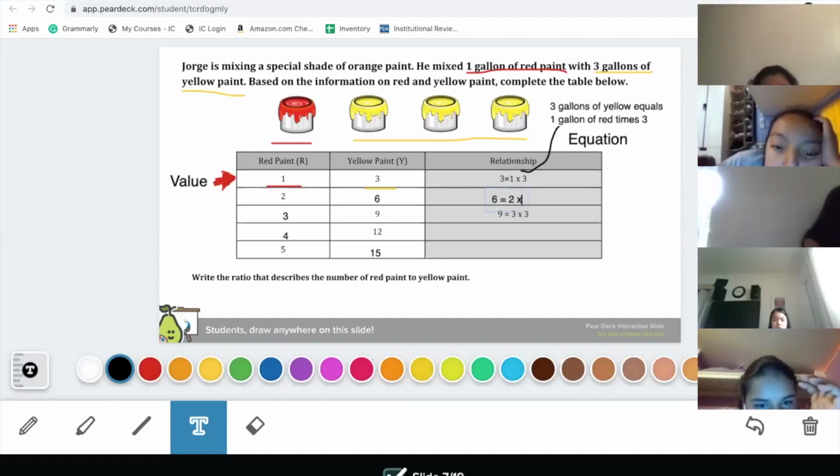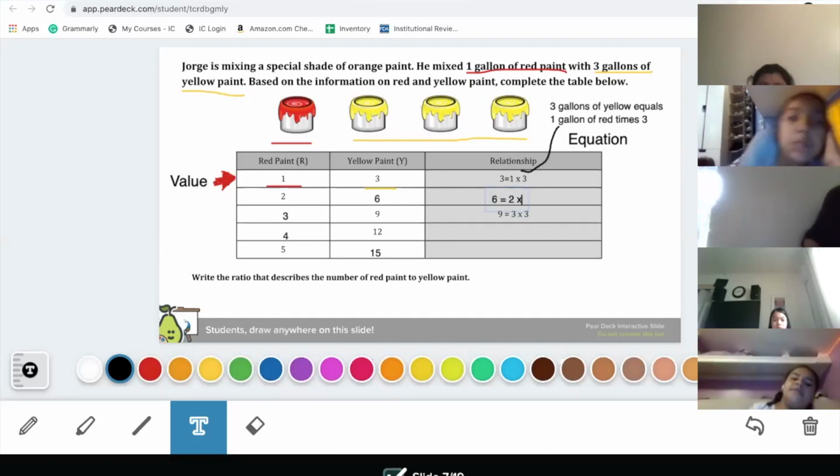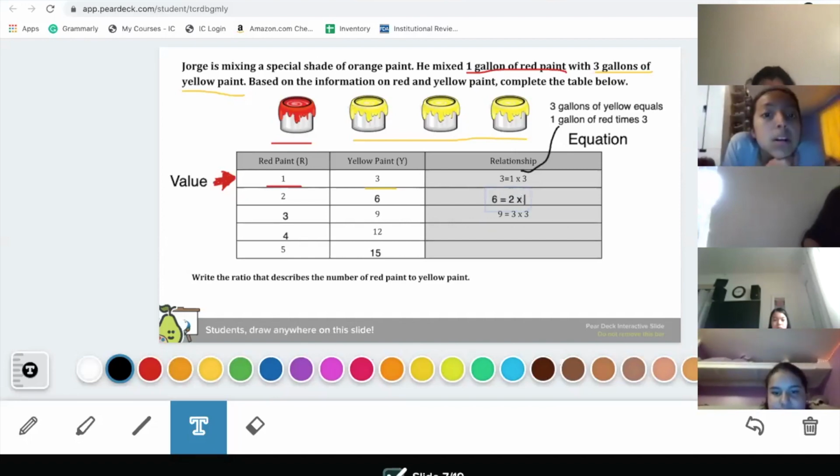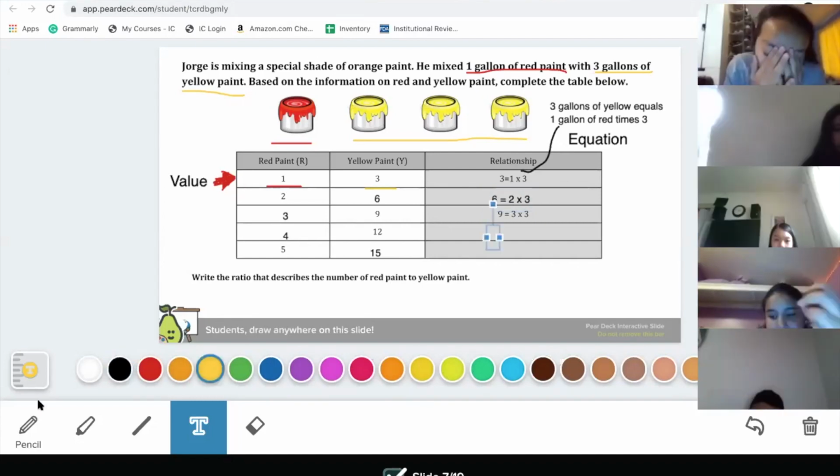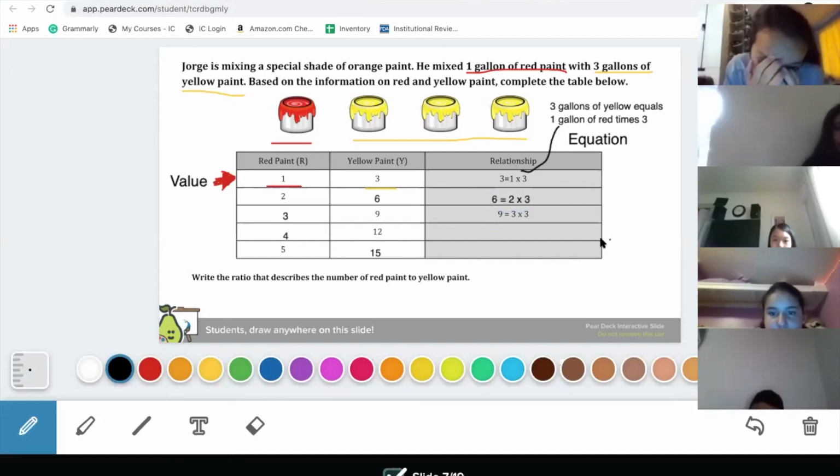Yeah. Times what? 2 gallons of red times 3. Yeah, 3. Perfect. Let's fill that in. Please put this in the chat. If you know this multiplication one, please put that in the chat.